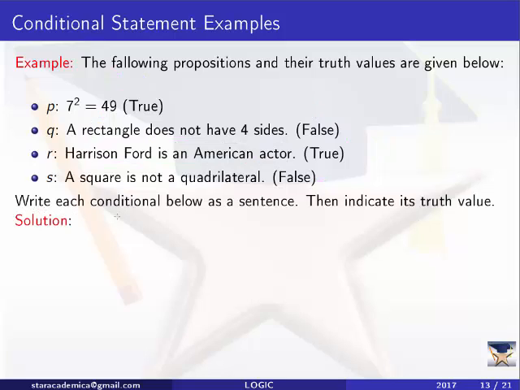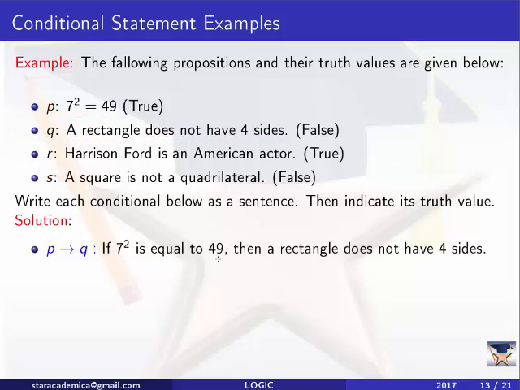The question is to write down each conditional below as a sentence and indicate its truth value. So evaluate them. First, we write P implies Q and then tell whether this is true or false. If 7 squared is equal to 49, then a rectangle does not have 4 sides. It's not complicated.